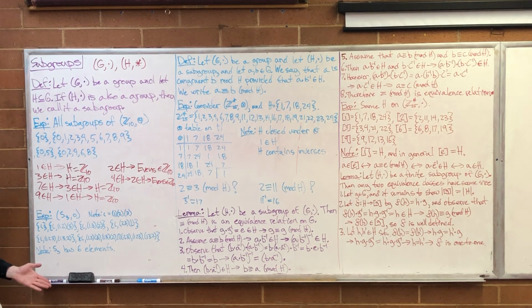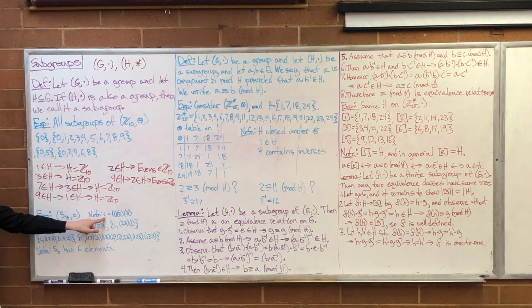Shorthand for writing a permutation. If 1 goes to 1, 2 goes to 2, 3 goes to 3, that's the identity permutation, and we use iota to signify the identity permutation. So we're looking at S3, there's 6 elements in there. One of them is obviously iota, that's its identity element. And this thing is a group.